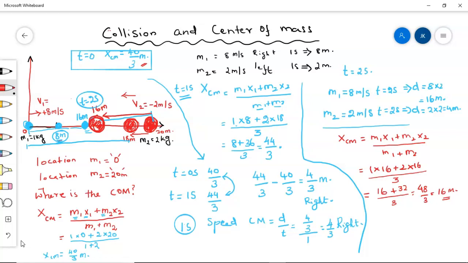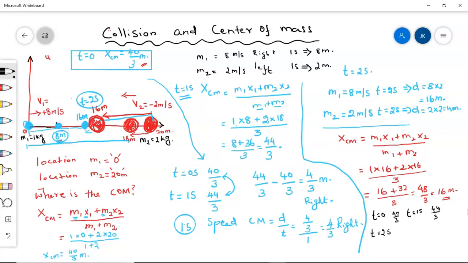Okay, now I want to find the change in distance. At time t equal to 0, the center of mass was here at 40 divided by 3. At t equal to 1 second, the center of mass moved to the right and is located at 44 divided by 3.